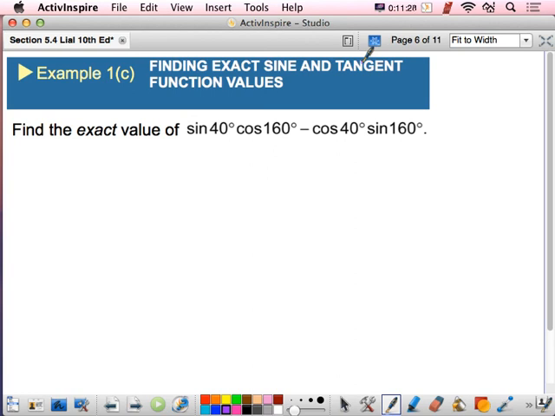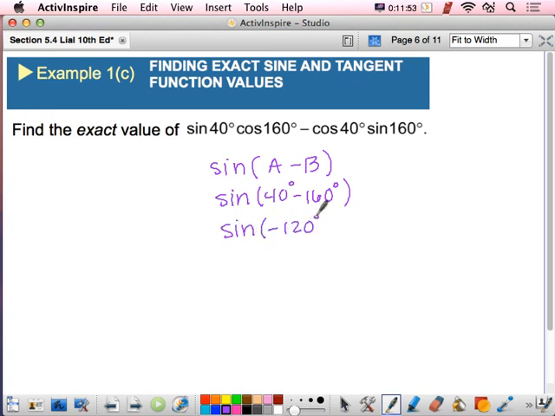Sine times cosine minus cosine times sine. Is it sine of a plus b or sine of a minus b? Sine of a minus b. Right. That fits the formula sine of a minus b, which is sine of the first minus the second, right? Which in this case is 40 minus 160, which really they're asking us to find the sine of negative 120.